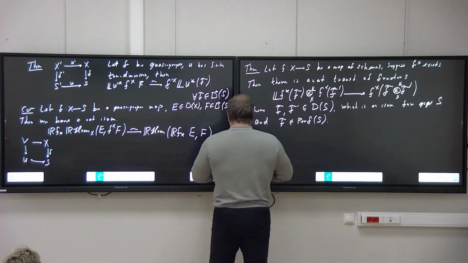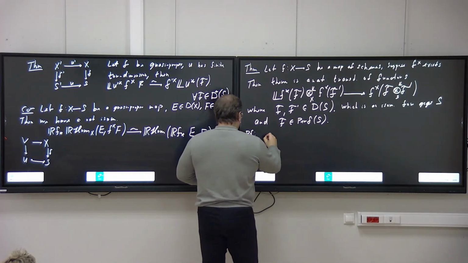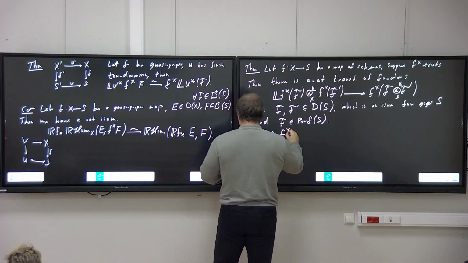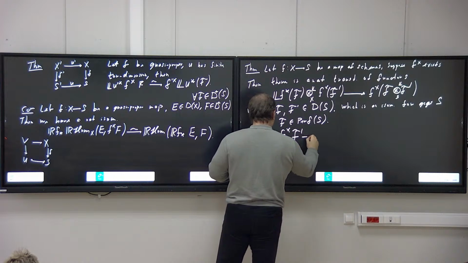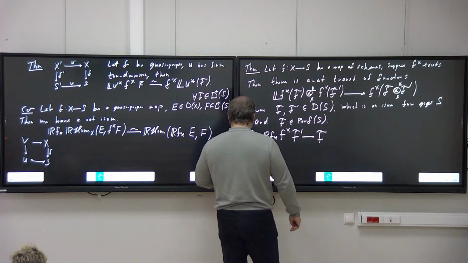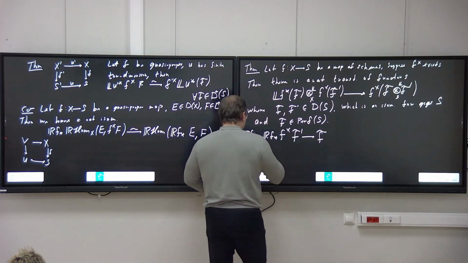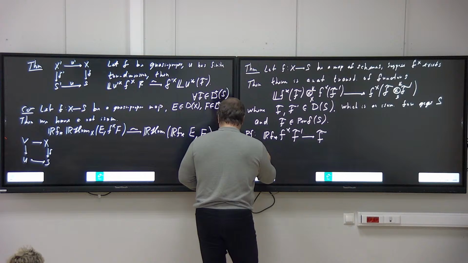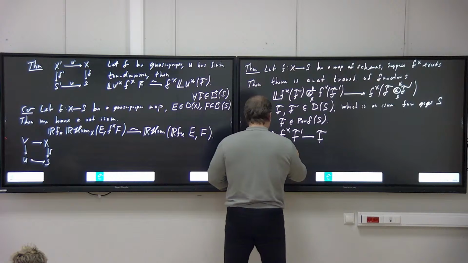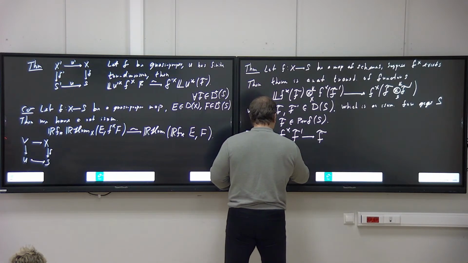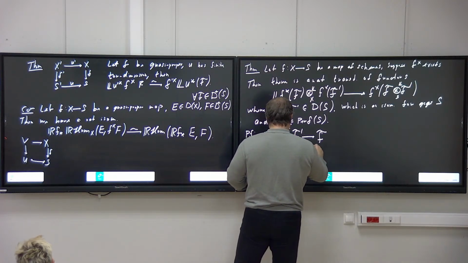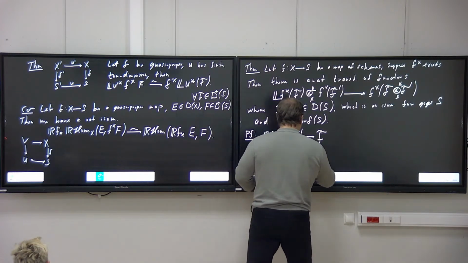So we have the co-unit of the adjunction: R f lower star f upper cross of F prime to F prime. That's the co-unit of the adjunction. And then we have the projection formula, right? So R f lower star applied to the L f upper star F tensor product, derived tensor product, with the f cross of F prime.